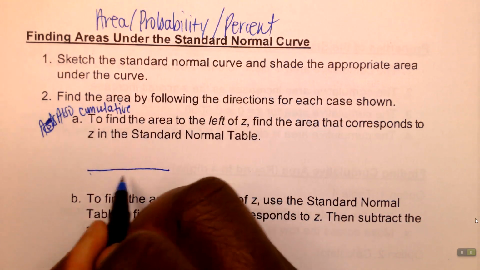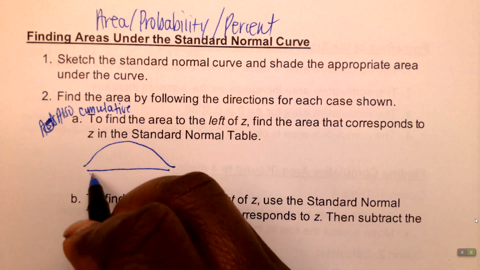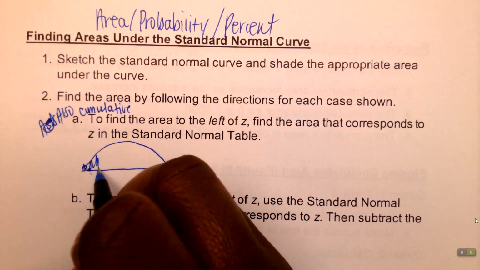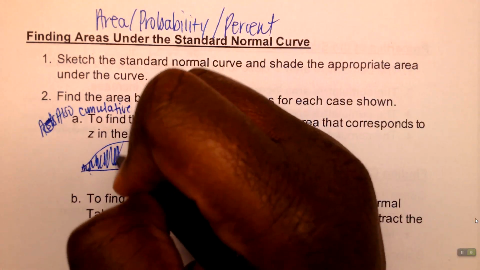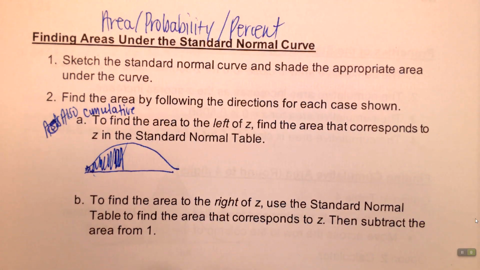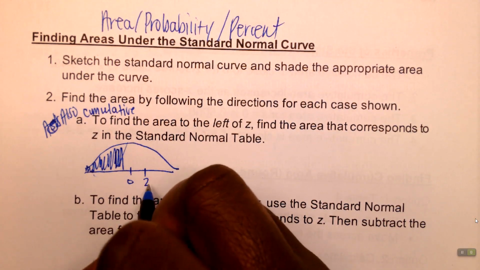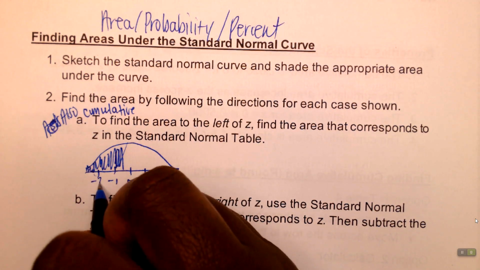So when you're sketching your graph, if it says left, you're going to shade left and keep shading until you get to your z-score. Whenever you get to it: 1, 2, -1, -2.